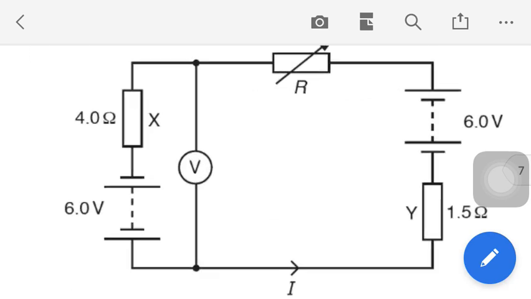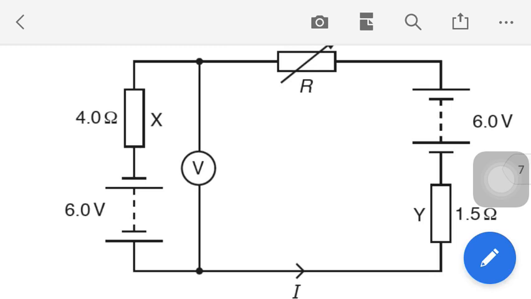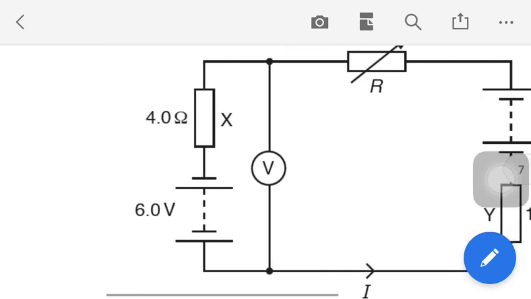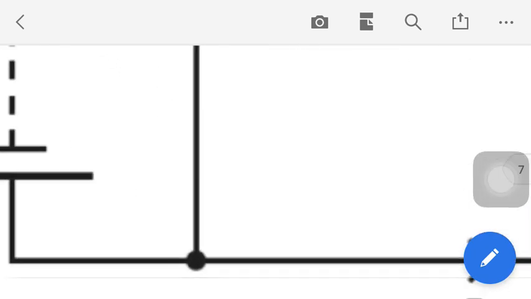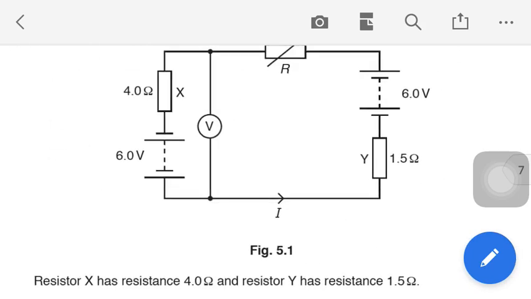Now here there are 2 points. What does it mean when it says that the voltmeter reads 0? That means there is no potential difference between this point and this point, right?